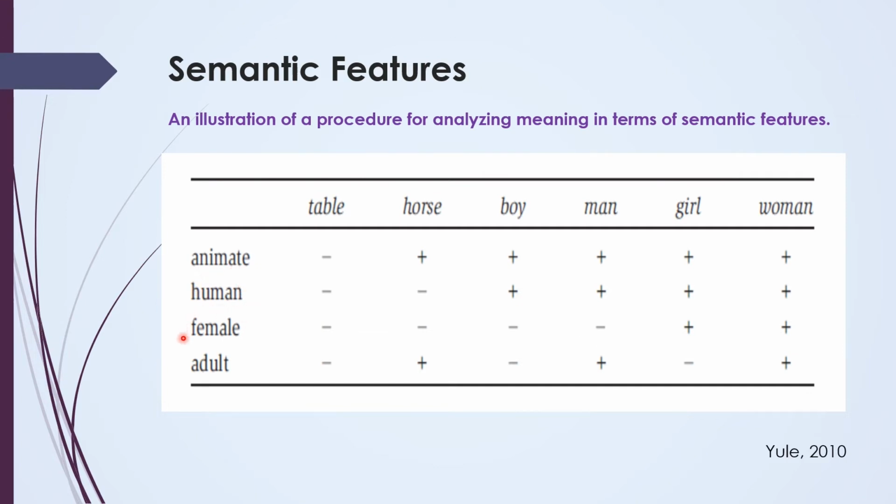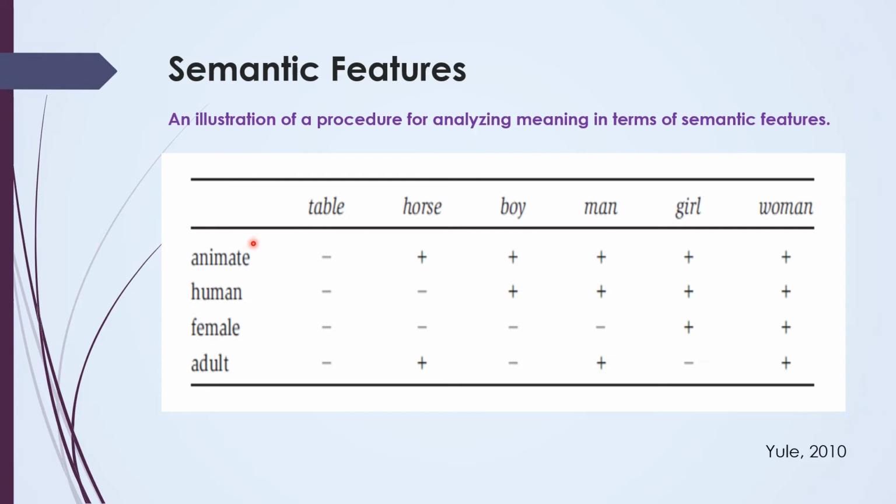And then we have female, especially this word, female. And then we have adult. And here we will be looking at the subject or particular word that we are referring to as table, horse, boy, man, girl, and woman. So these are the features as well.